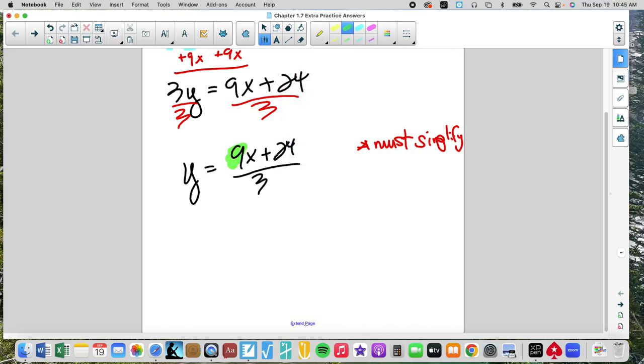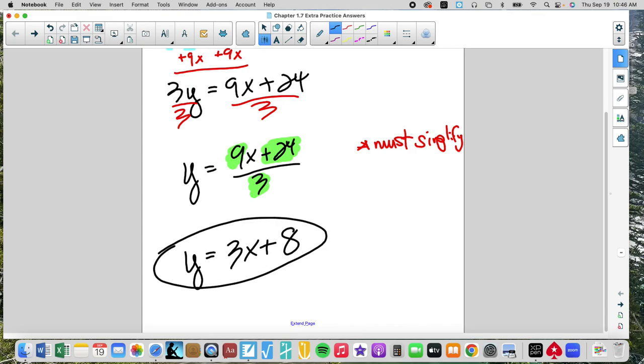It doesn't have to be that it goes in evenly, just a common number that is divisible into all 3 of those values. So we are going to reduce it by 3, and you get 3x plus 8. And that is isolating y in terms of x.